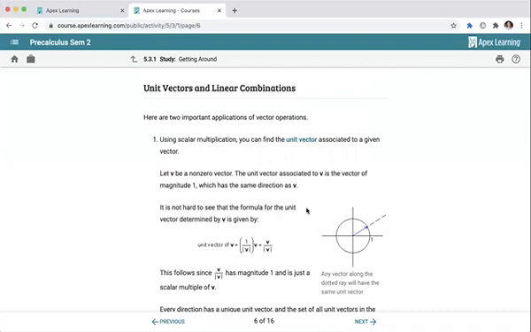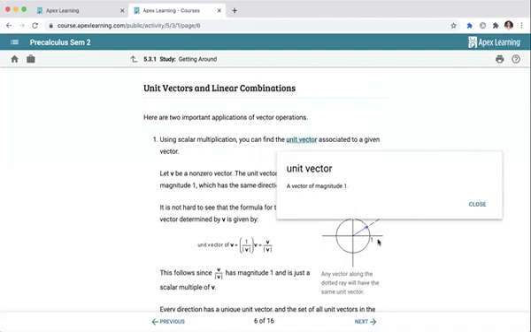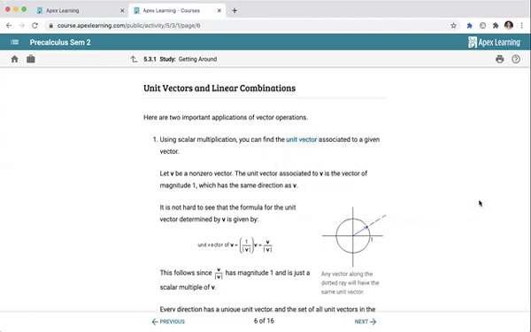Then moving forward, we can use scalar multiplication to find our unit vector. If we look at the definition of our unit vector, it's just a vector with a magnitude of 1. Again, trying to relate it to our unit circle, if it has a magnitude of 1, it's similar to our unit circle, which has a radius of 1. Hence why we call it a unit vector.